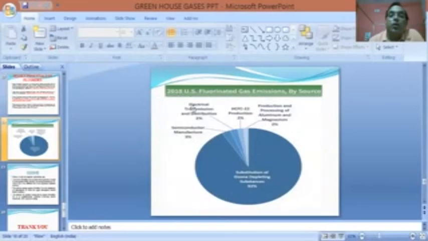So let us have a look at America: substitution of ozone depleting substances 92%, semiconductor 3%, electrical transmission 2%, HCFC-22 production 2%. This is the extent to which different sectors are contributing these fluorinated gases.